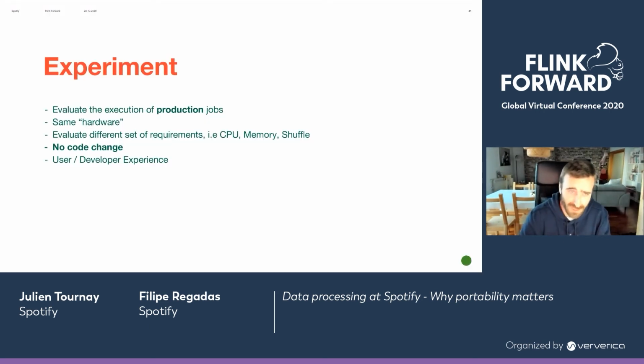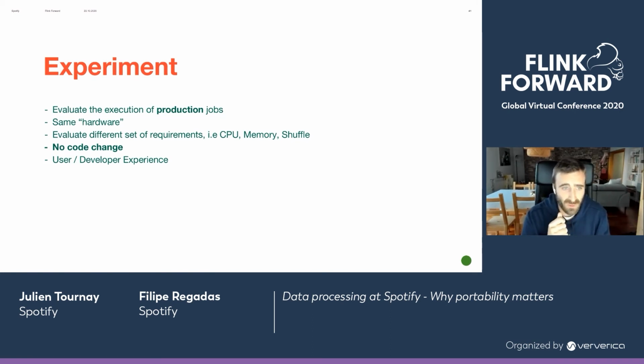So we went on a new experiment where we took a look at our production jobs. We picked a few that have different sets of requirements, like if they are CPU, memory, or shuffle intensive.